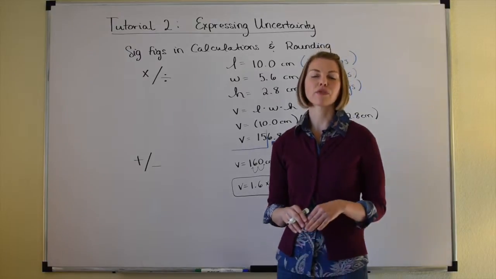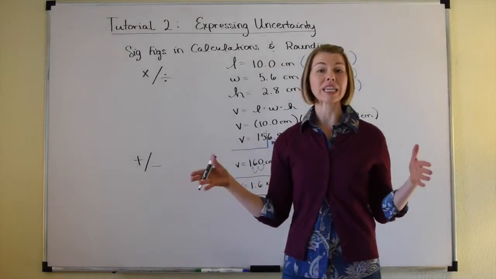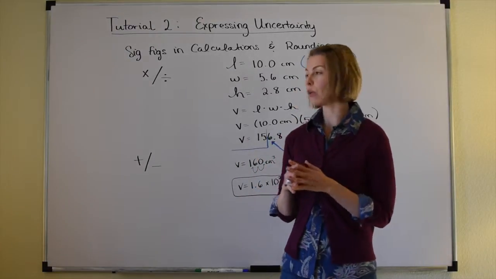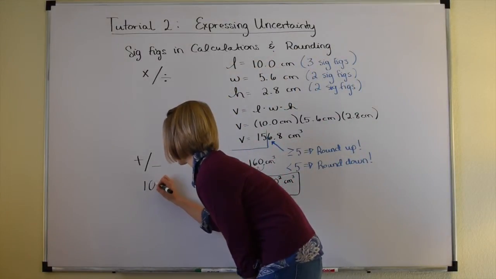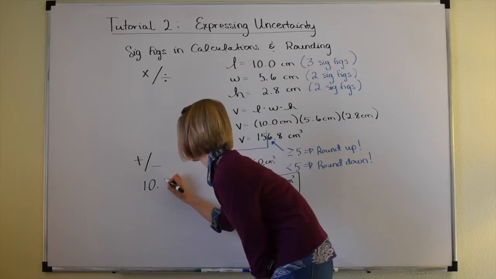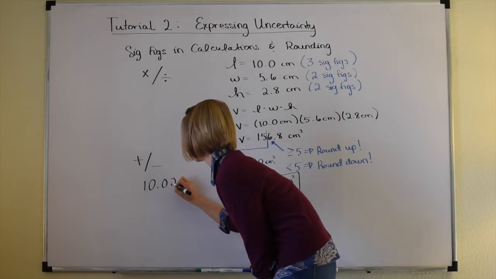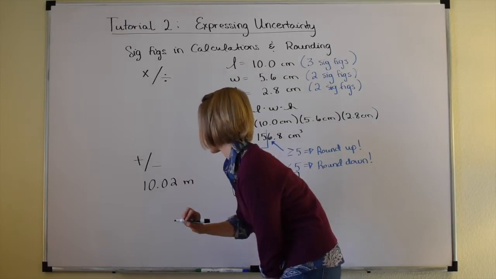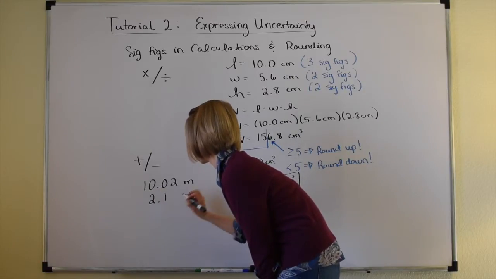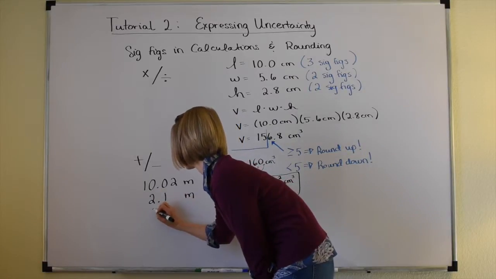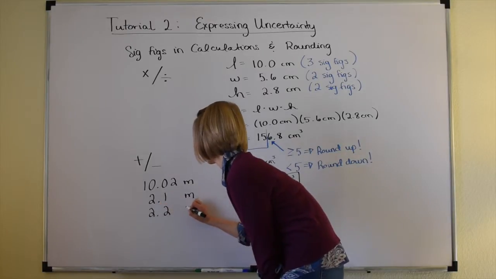So let's say, for an example, that we are adding 3 lengths together. We'll just pick some numbers. Let's say 10.02 meters and 2.1 meters and let's see, 2.2 meters.